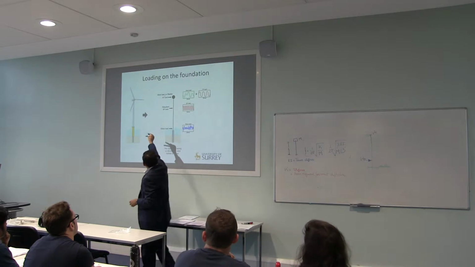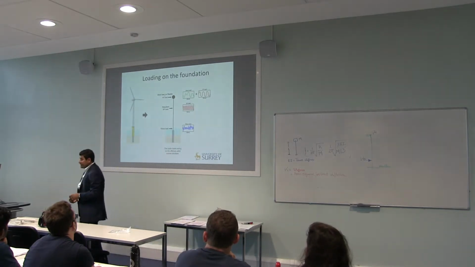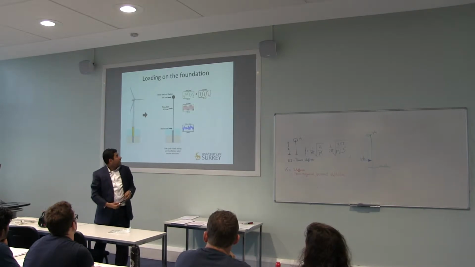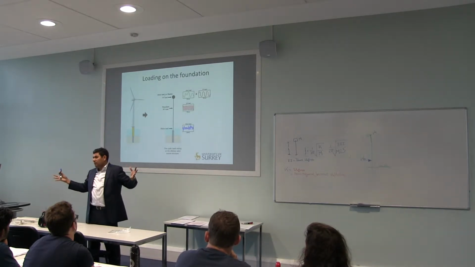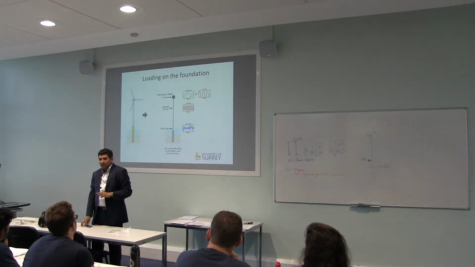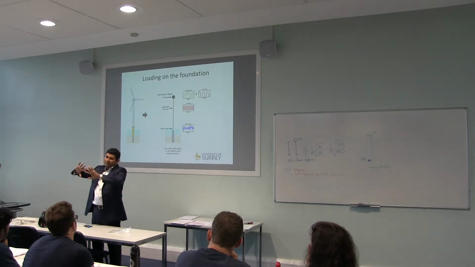Another load is this 1P load. What does 1P load mean? As I told you, think about this big 40-ton blade. There are 3 blades, and you really can't align them properly.